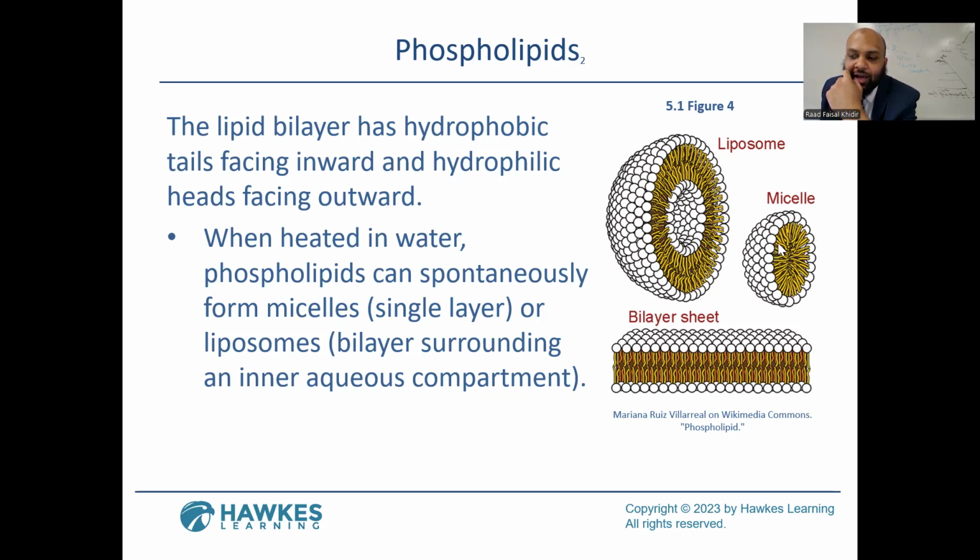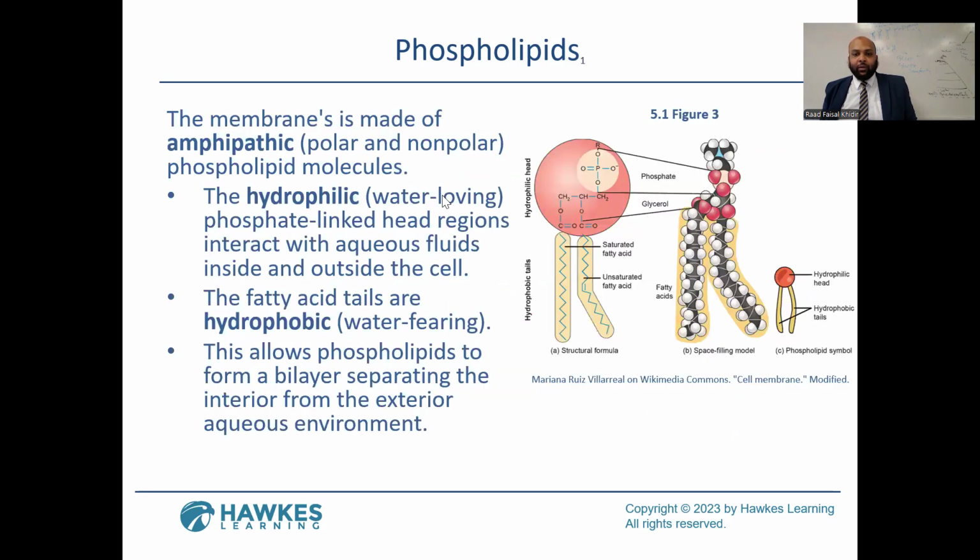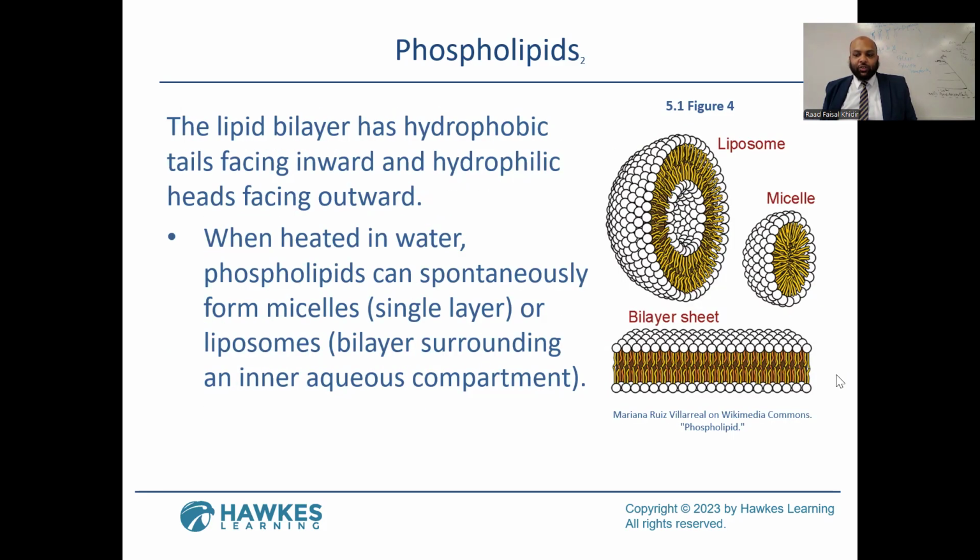So an example of a micelle is the LDL, you know, the bad cholesterol, low density lipoprotein. From the outside, it's hydrophilic, but from inside it's hydrophobic. So these are different structures. The bilayer leaflet is an amphipathic leaflet, really spread out.